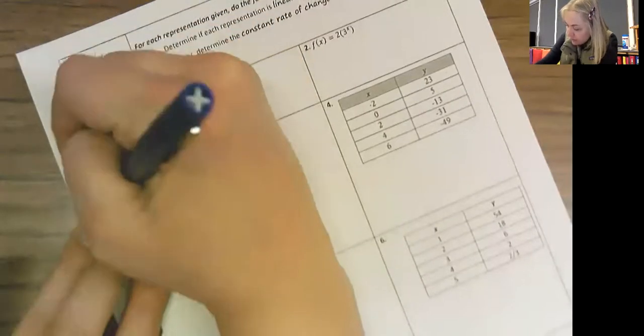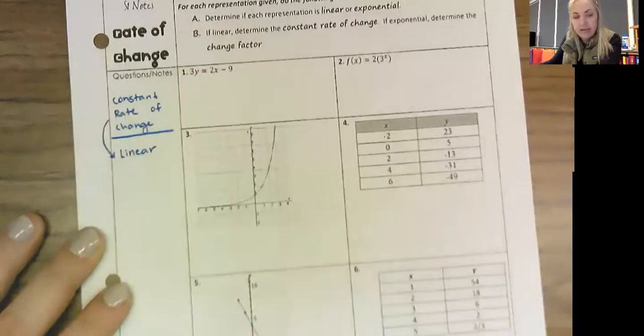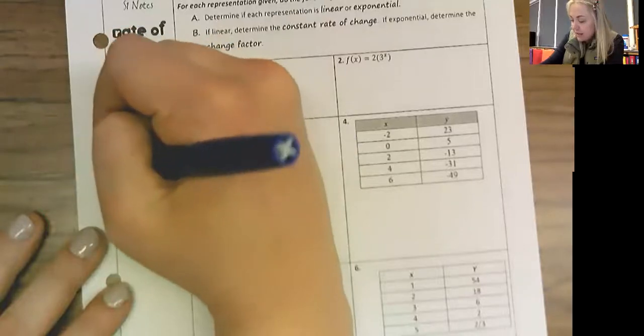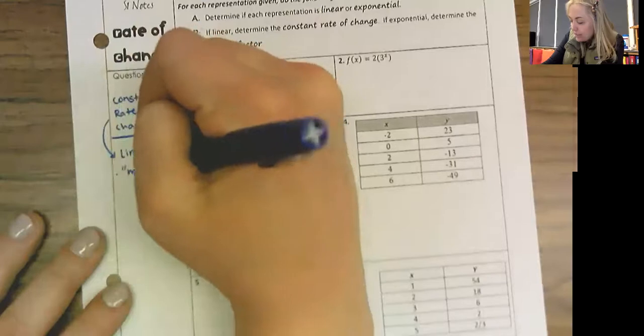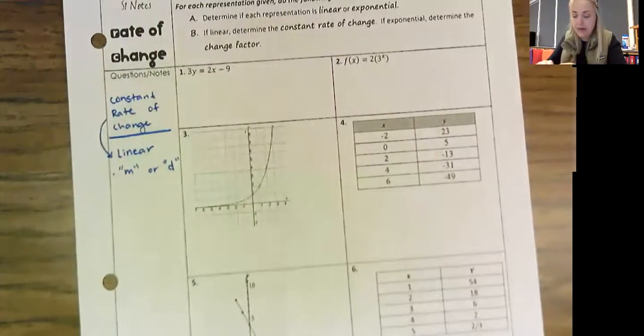Whenever you hear the term constant rate of change, it is going to be talking about linear. You're going to have a linear function. And you are going to either see the letter M because it's the same thing as slope, or you are going to see the letter D, which we use through our whole sequences unit. Okay, so those are the two letters that we will sometimes refer to with our constant rate of change.